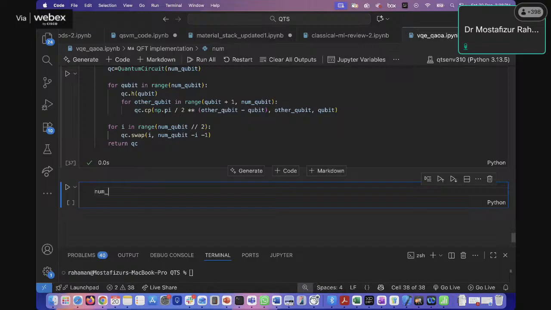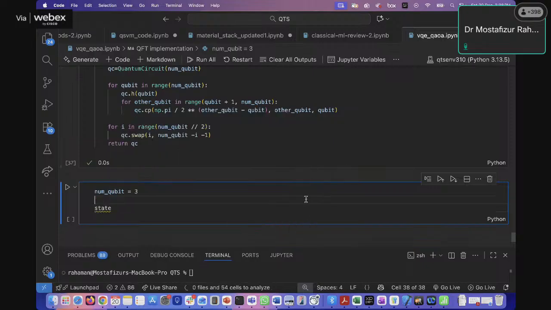Let's take num_qubits equal to, say, 3 qubits. And suppose our initial state is a computational basis state. If it is 3 qubits, how many quantum states can it create? It's equivalent to 2 power 3, that is 8 basis states. So I can create 8 basis states. A classical state I should consider, say, 0, 1, 0.